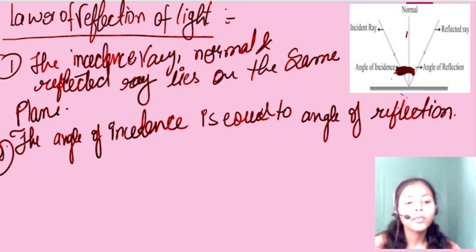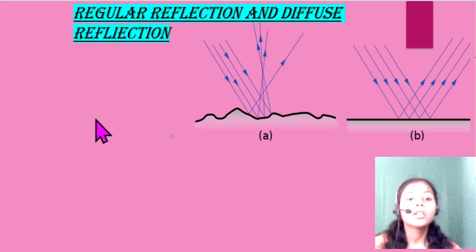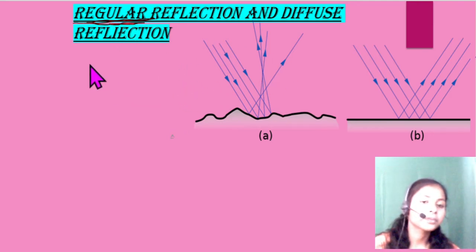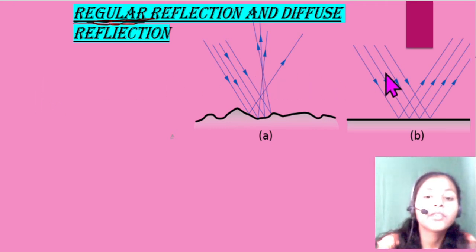So the next topic which we are going to cover is regular reflection and diffuse reflection. What do you understand about the meaning of regular? Something which is regular, continuous. So regular reflection means the ray of light which is parallel to the surface will reflect back in one direction.